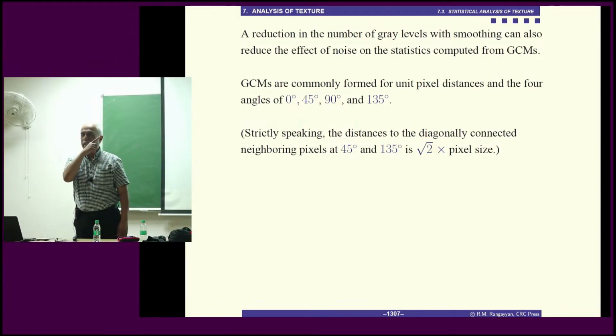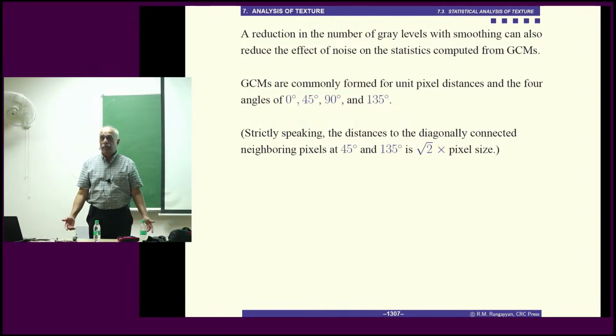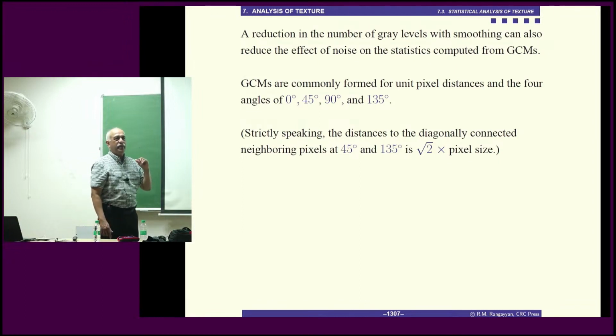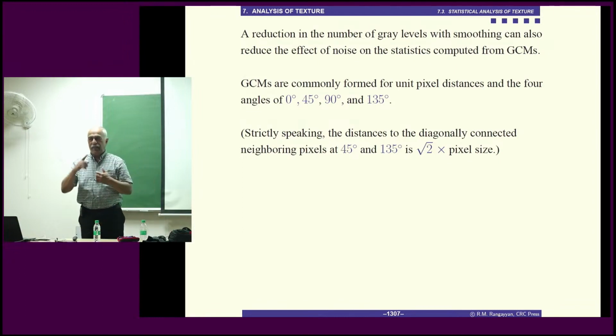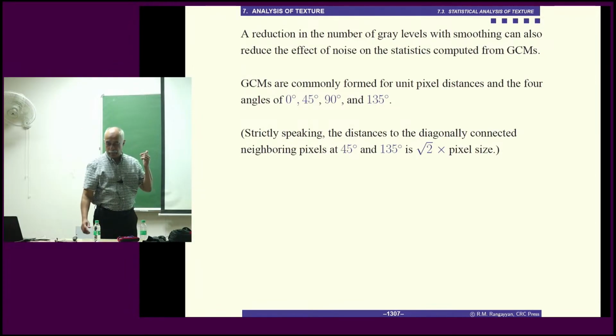And if you want 8 connectivity, you can consider the 8 connected corners in the 3 by 3 neighborhood. But the distances are not equal. We should bear in mind, if any distance related measure is to be taken, then left, right, top, bottom distance is 1, but the diagonally connected elements, the corners, have a distance of √2.